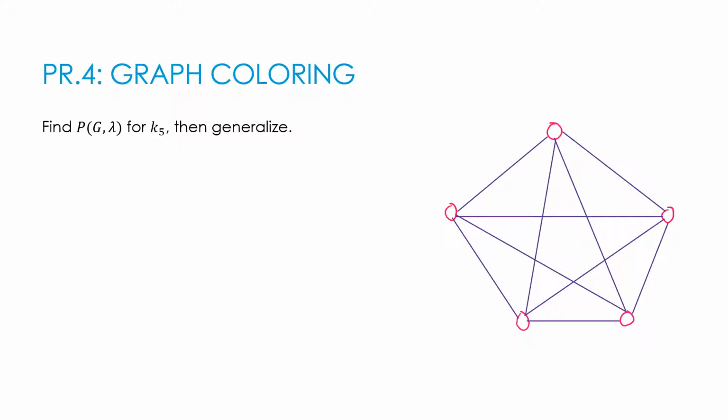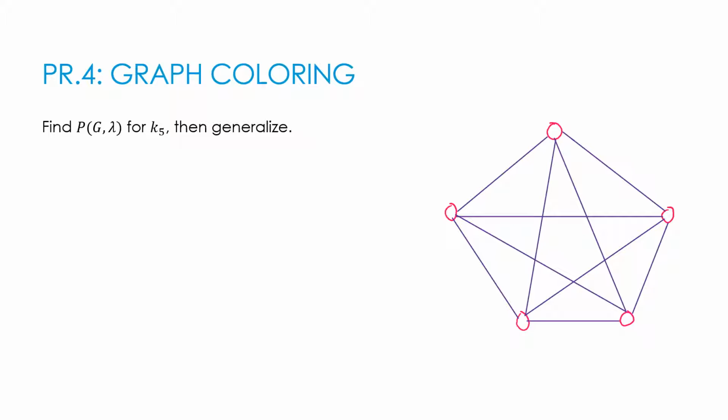Let's go back to our complete graph, K5. We already did this one previously for the chromatic number. Now we're looking for the chromatic polynomial. So now we're not saying how many colors do we need, we're saying how can we generalize the chromatic polynomial.